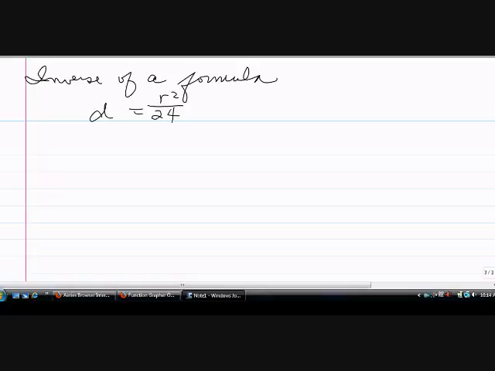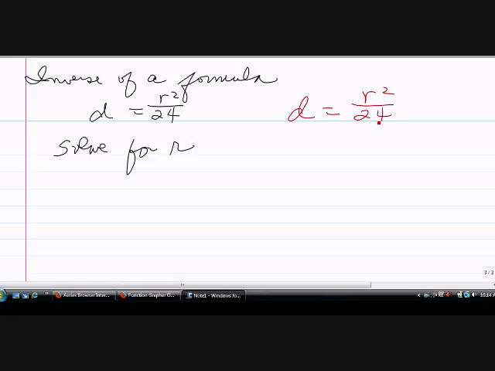So if I want to find the inverse of something that's a formula, I don't exchange the variables. I just solve for the variable that's not already solved for. So in this case, I'll just solve for r. So to do my inverse, I got d equals r squared over 24.